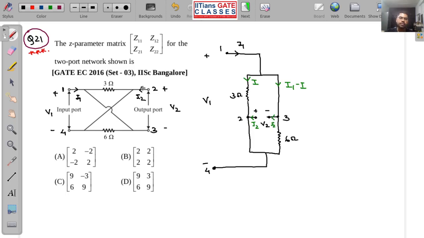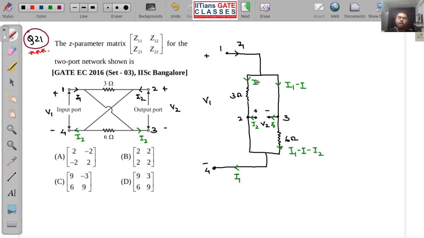If I1 is entering through the input node, then I2 must leave through the input node also. That means through this 6 ohm, the current flowing is I1 minus I minus I2.